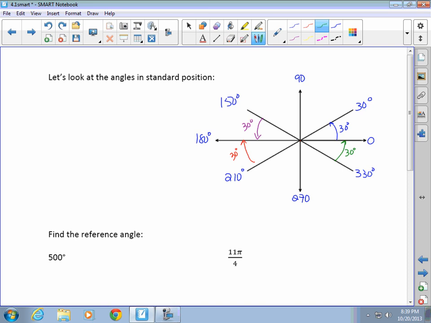So all four of those angles have the same reference angle. Their terminal arms are the same distance from the x-axis. So the difference between the angle and the terminal arm is 30 degrees.